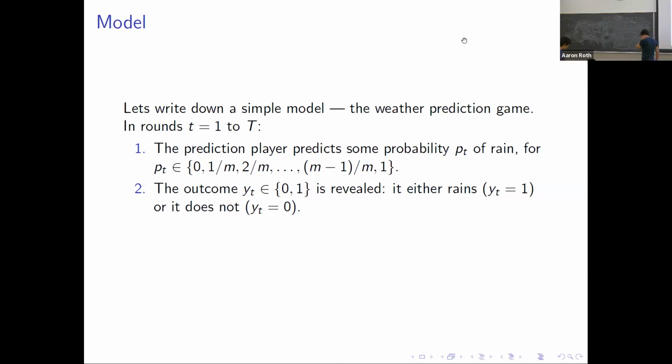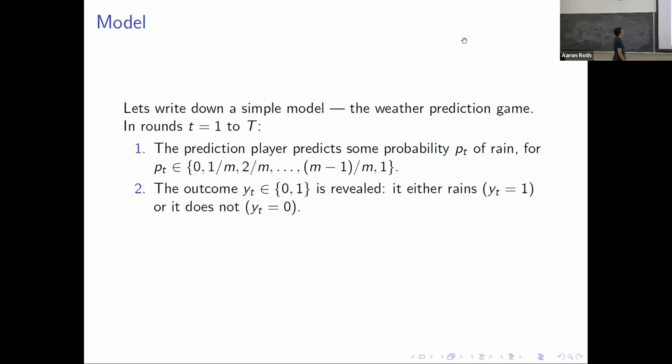Okay, so let's think about this in a simple model. We'll call this the weather prediction game. It's going to happen sequentially, because days take place roughly one every 24 hours. Every day in the morning, the weatherman goes on TV and predicts the probability that it's going to rain.